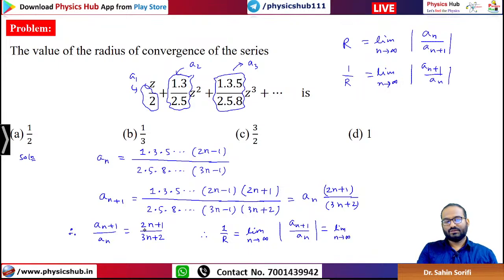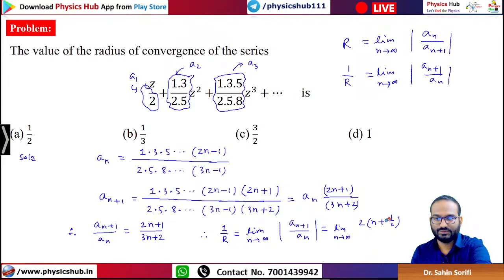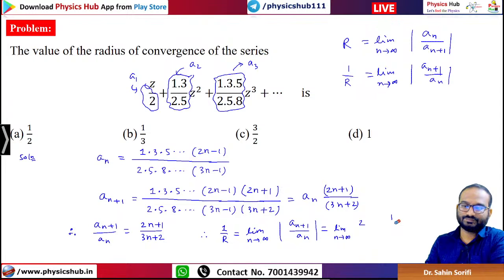If you take 2 common from the numerator, then it gives you n plus half. Or better, if you take 2n common, that will be more feasible for our calculation.